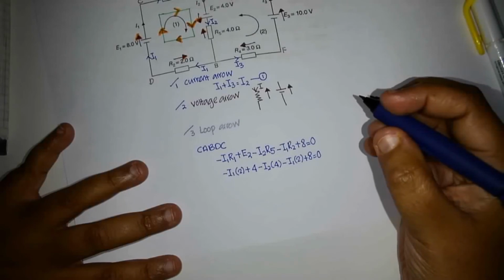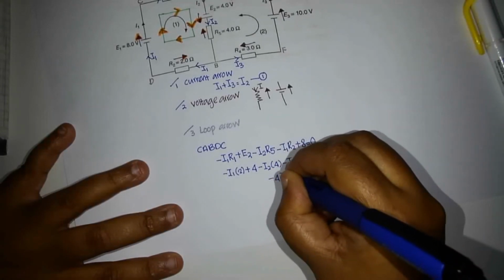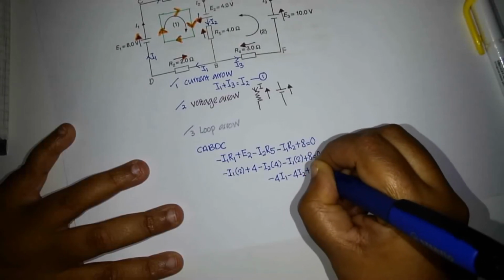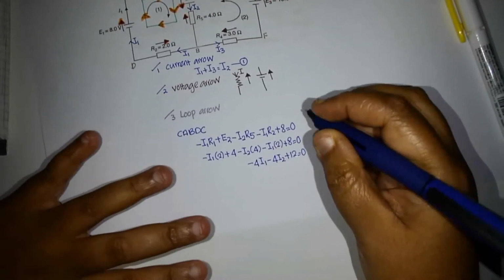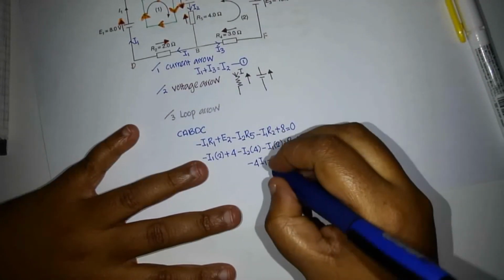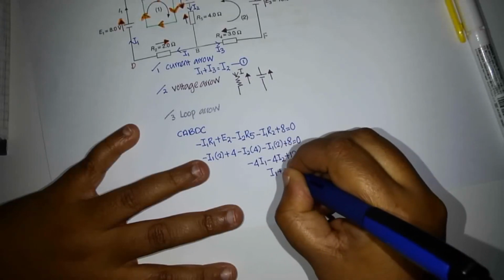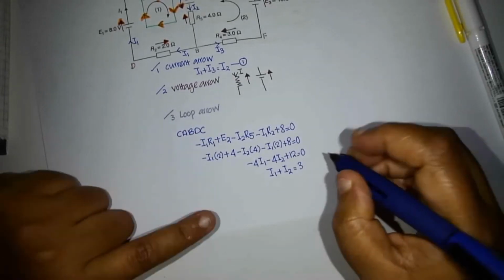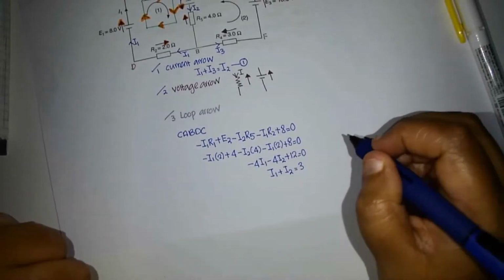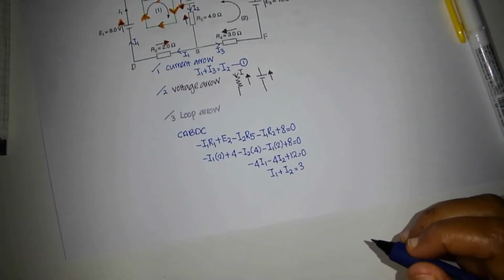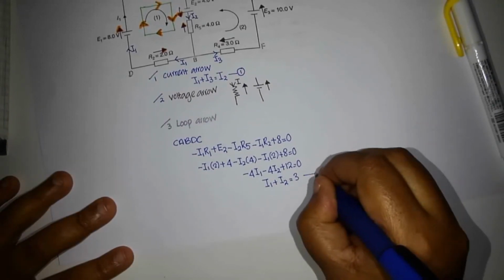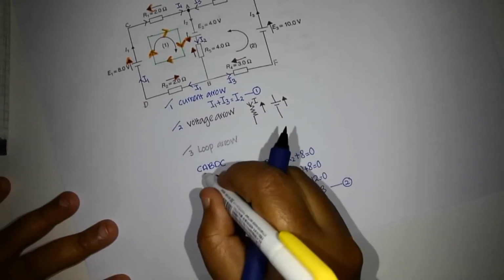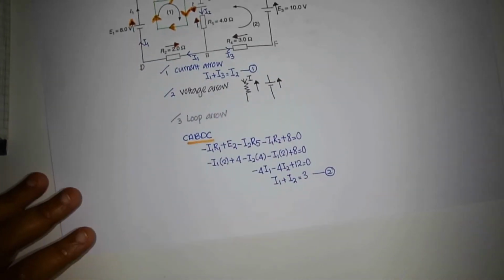So I get negative 4I1 minus 4I2 plus 12 equals 0. If I reshuffle and bring it to the other side, I get 4I1 plus 4I2 equals 12. I divide by 4, so I get I1 plus I2 equals 3. This is my second equation, from the first loop.